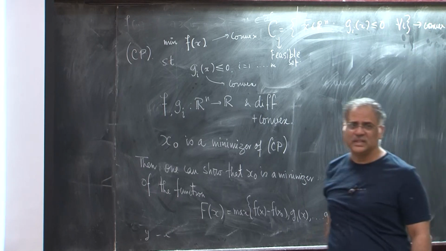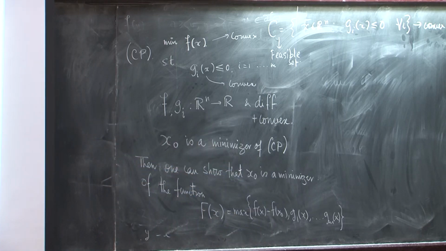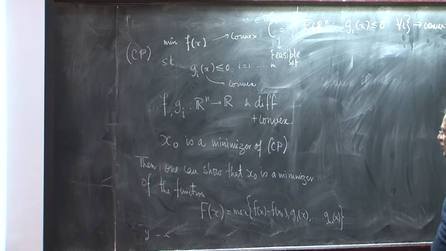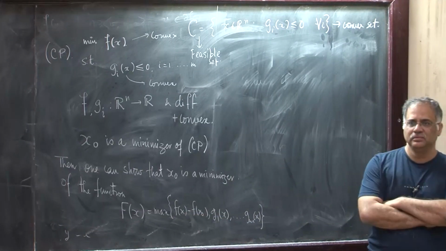Put this also as one of the exercises, just for them to check that this is a convex set. That is, they learn how to use the convexity inequality. And so now, if x naught is a minimizer of this problem, then x naught is a minimizer of this convex function.